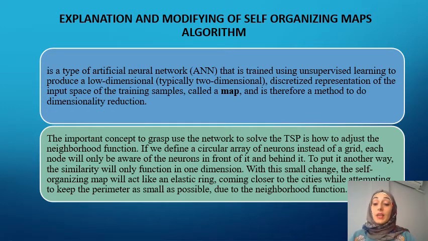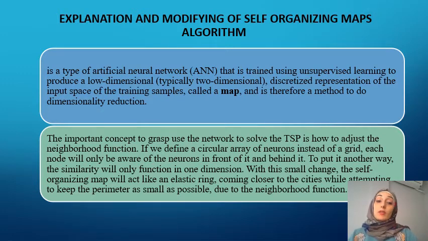Self-organizing map is different from other artificial neural networks because they apply competitive learning as opposed to error-correction learning, and because they use a neighborhood function to preserve the topological properties of the input space.